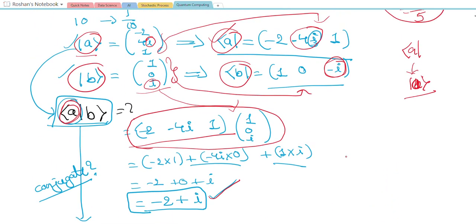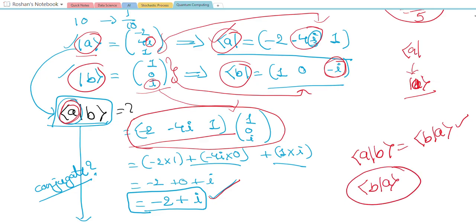Now, I said earlier, if you need to find a conjugate of any two vectors, the notation needs to satisfy this condition. If both are the same, then it is a conjugate. So before finding the conjugate of the dot product, I'll simply write it. What is a conjugate?